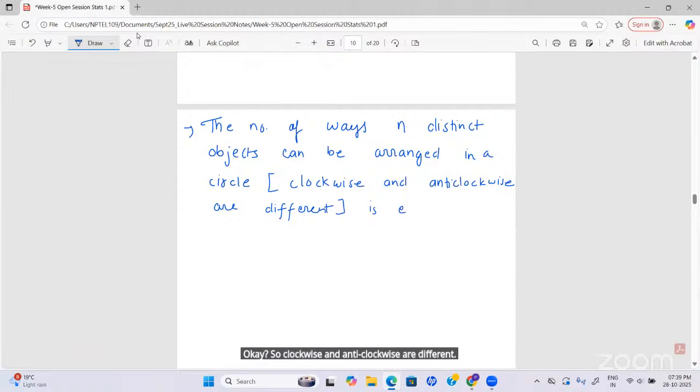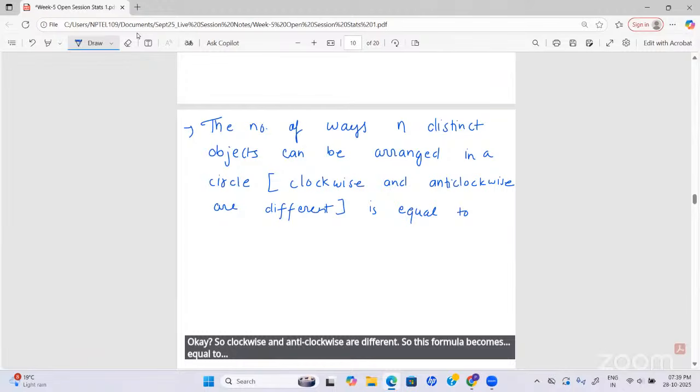So this formula becomes equal to, I will ask you.